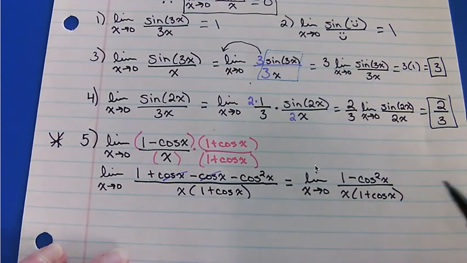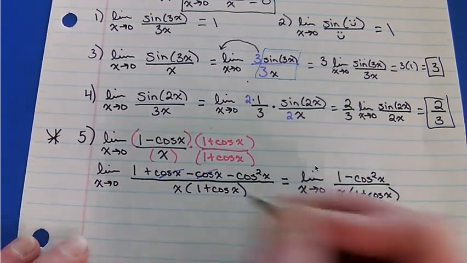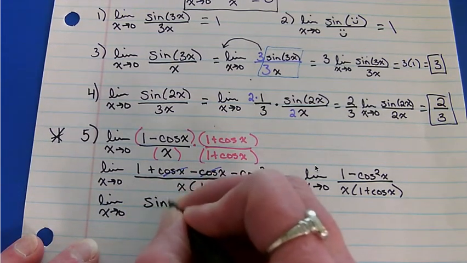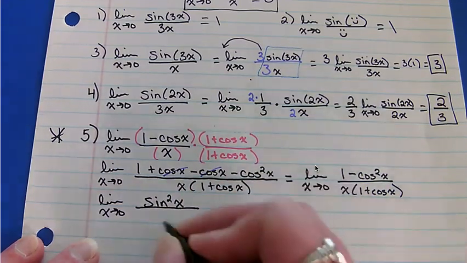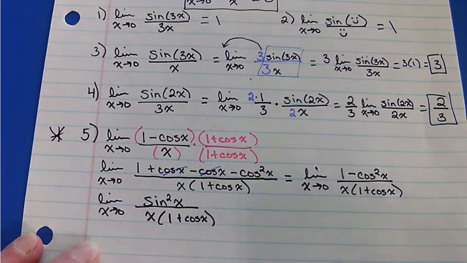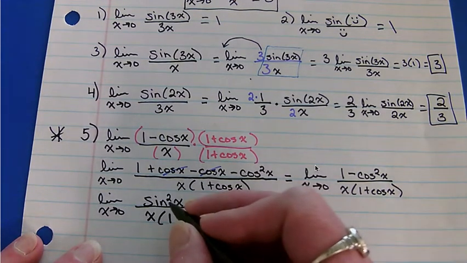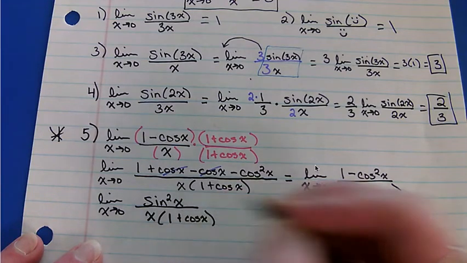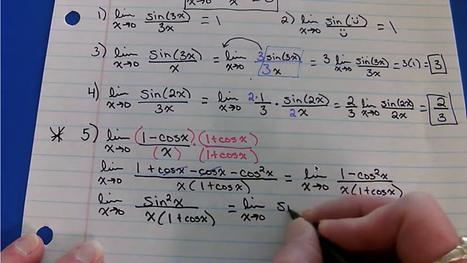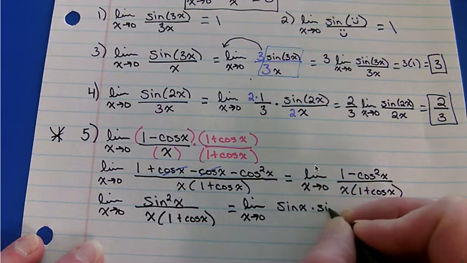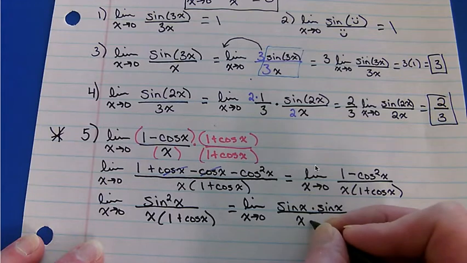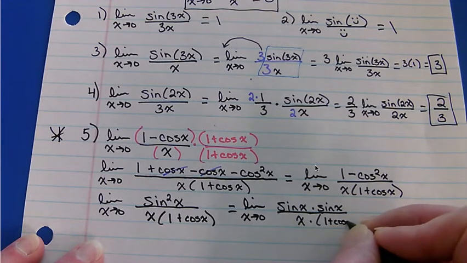Now, for those of you who remember your pre-cal, 1 minus cosine squared is sine squared. Ooh, okay, so now I've got sine squared, which is really sine times sine. And these are being multiplied, so that's an x times a 1 plus cosine x.